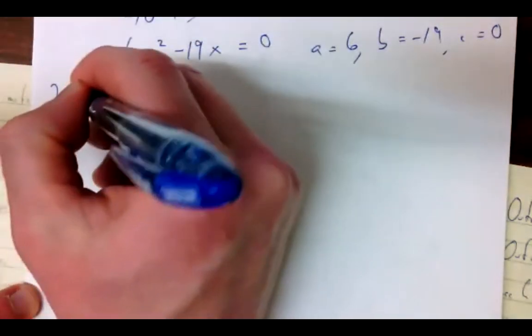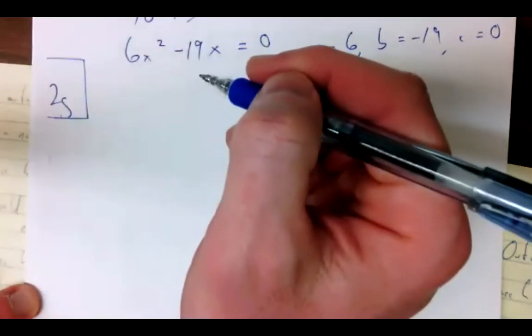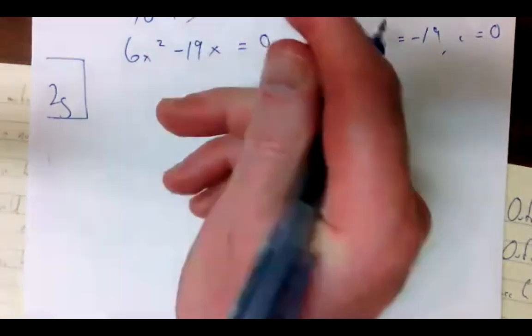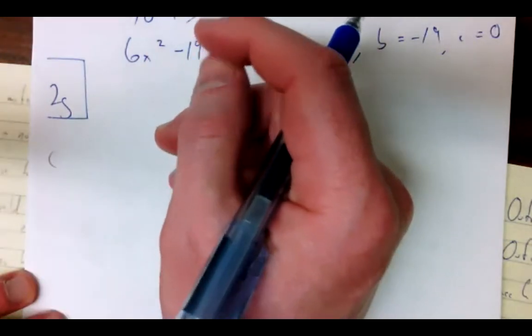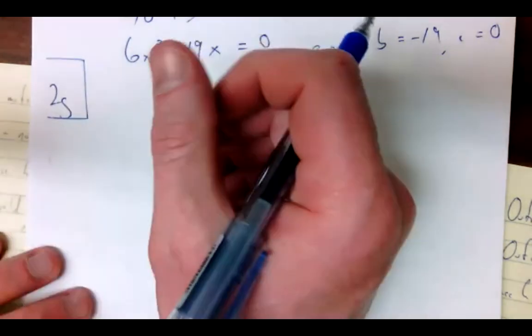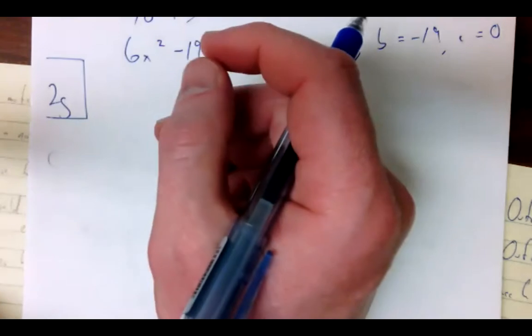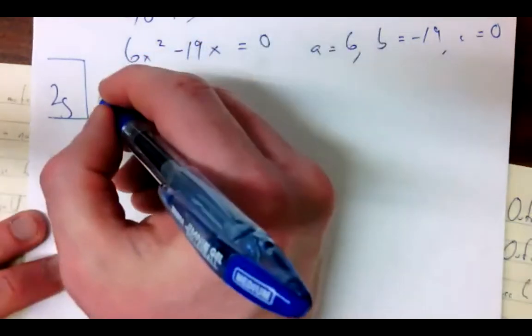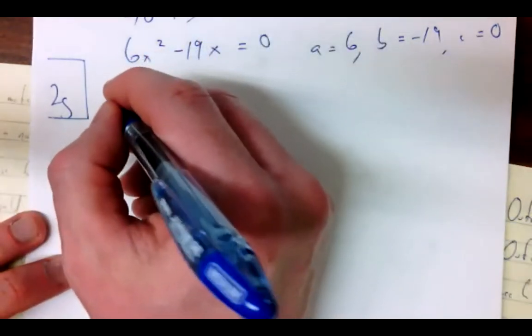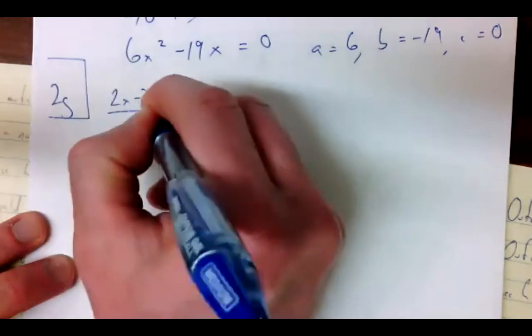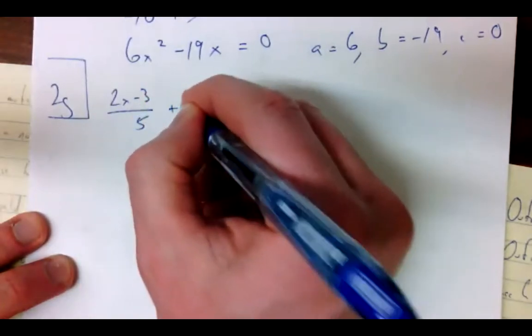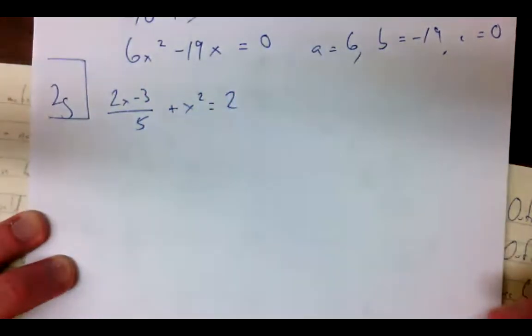2G. Use the quadratic formula to solve each of the following quadratic equations in cases where the roots are irrational numbers. Round your answer to 2 decimal places. All right. 2G says 2x minus 3 over 5 plus x squared equals 2. I'm going to first get rid of that fraction, multiplying everything by 5.